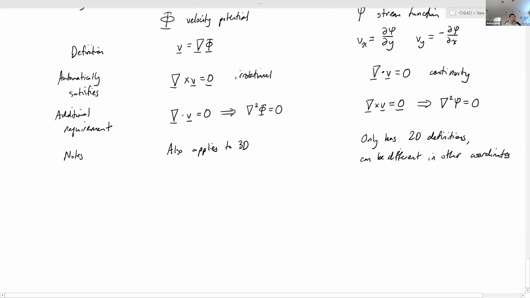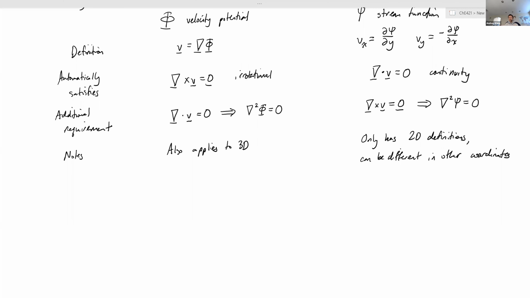And other coordinate systems are a little bit more complicated, because if you imagine what a 2D flow looks like in cylindrical coordinates, what that really means is that there's either a V_r and a V_theta, or there's only a V_r and a V_z, or there's only a V_theta and a V_z. And those definitions of the stream function actually depend on which ones you're actually picking, right?